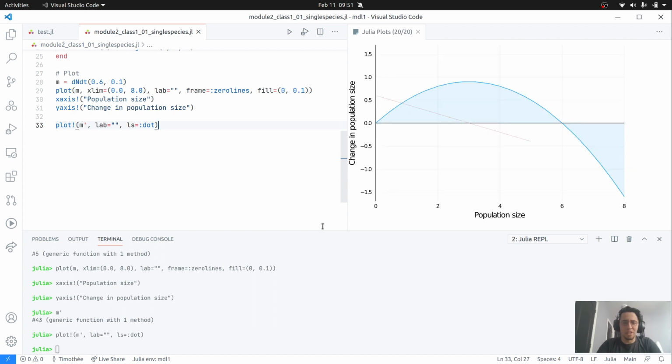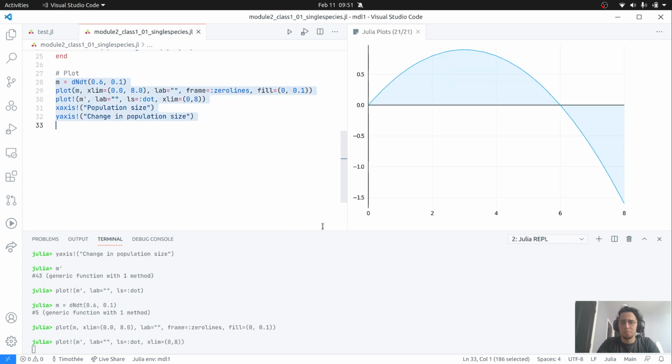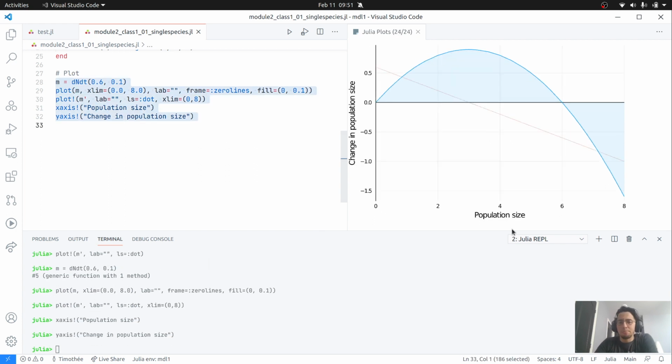All right, here we go. Let's just fix the xlim for that. It's going to be 0 to 8. Okay, so let's follow this line here. It's telling us that from this point here, where population equals 0, to this point here, the rate of change of the derivative is positive.